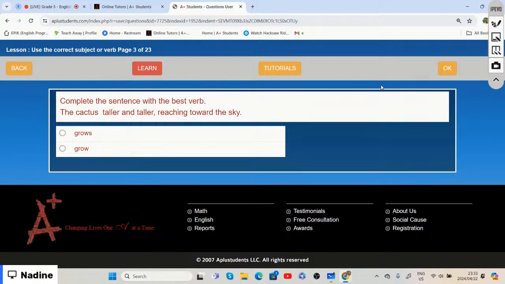The cactus, right? Do we say the cactus, which refers to one cactus, grows, or the cactus grow taller and taller, reaching towards the sky?